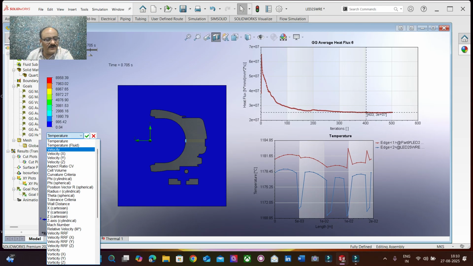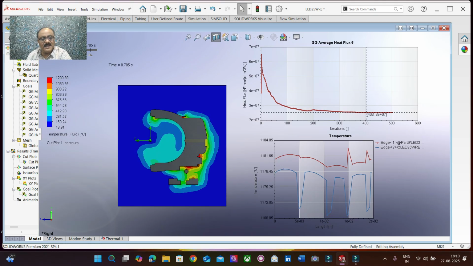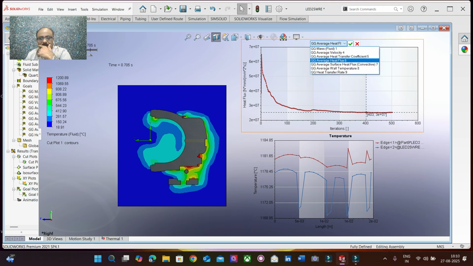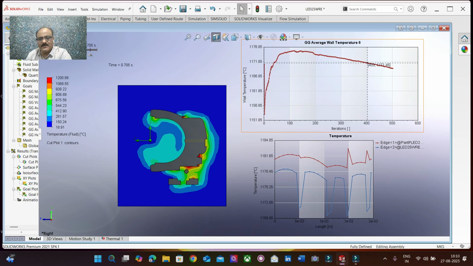The temperature of the fluid is nothing but the temperature of the air. This is how the air is bounding that particular projector lamp. Here the heat flux is found, and the conductive heat flux, and this is the wall temperature, how it is going to increase, and then suddenly start dropping.